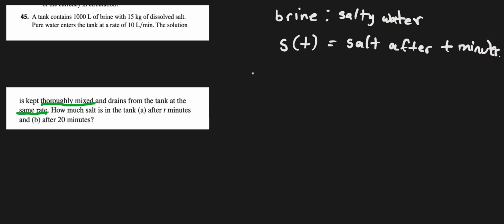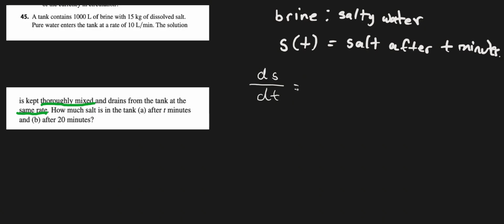Remember the basic formula for this is as follows. We want dS/dt. In this case, it's dS/dt because it's the rate at which the salt content of the salty water is changing.